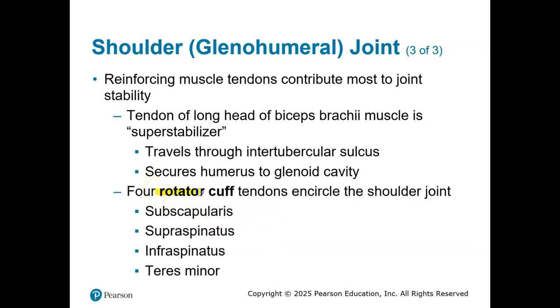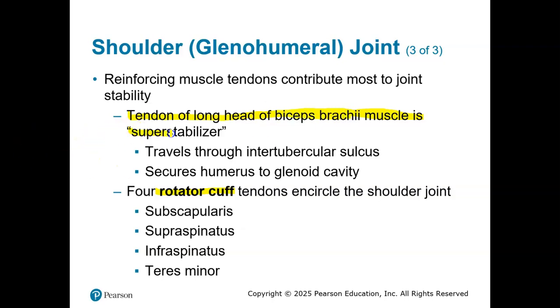Okay, the rotator cuff helps to stabilize the shoulder joint. I don't see it in the notes, but it does. And the other thing is the tendon of the long head of the biceps brachii muscle is a super stabilizer.